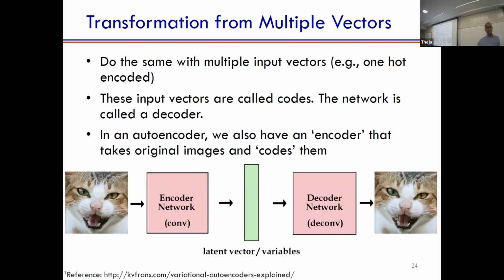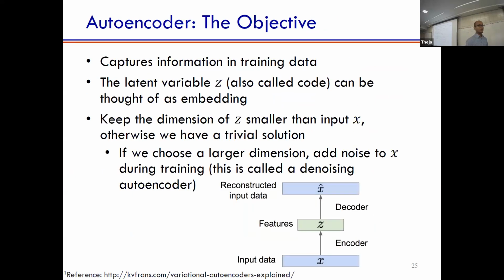So that's literally autoencoding. The auto part just means that you're encoding the input and reconstructing itself, comparing it with itself. So what is the objective of this whole autoencoder setup? It is to do basically dimensionality reduction. We want to capture some common information in a collection of data.